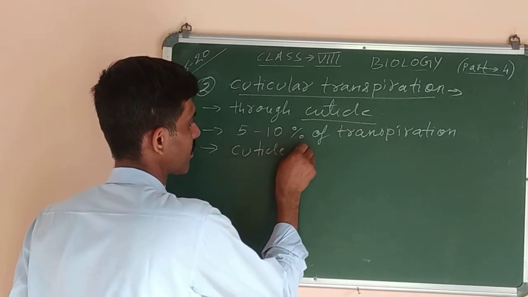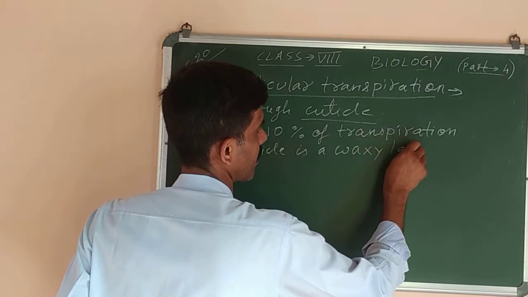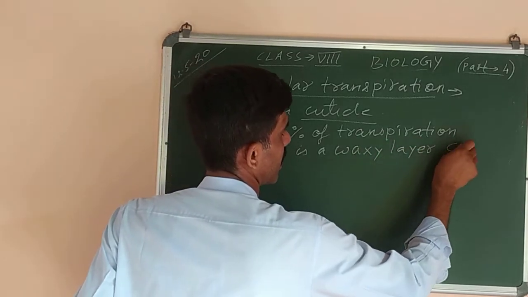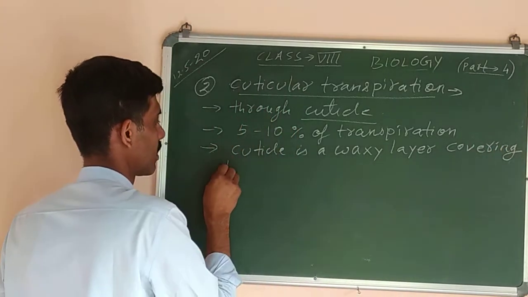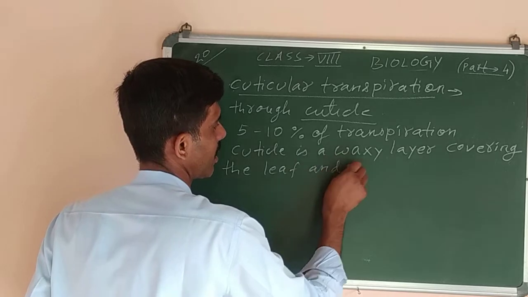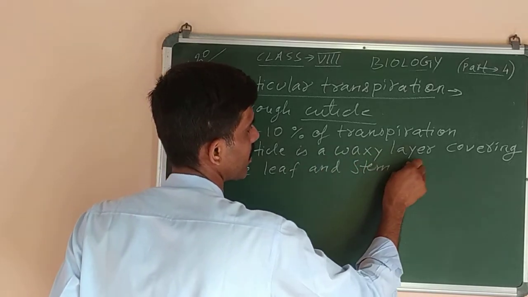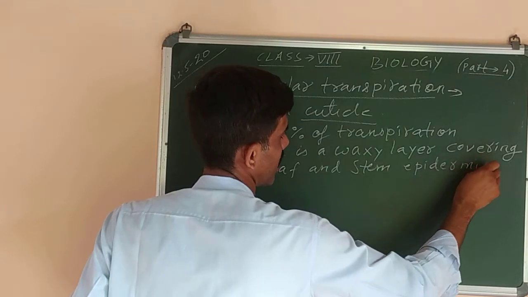Cuticle is a waxy layer covering the leaf and stem epidermis. Epidermis means the outermost layer of cells present in leaves and stems. That is called epidermis.